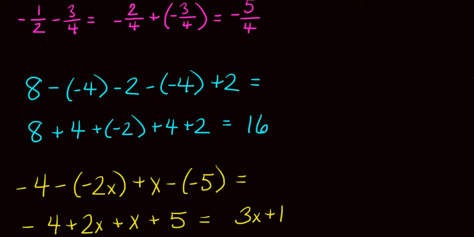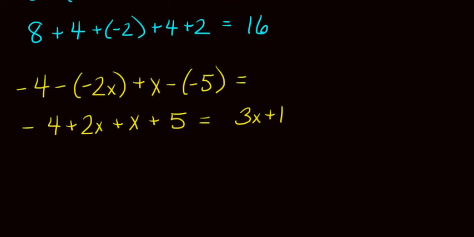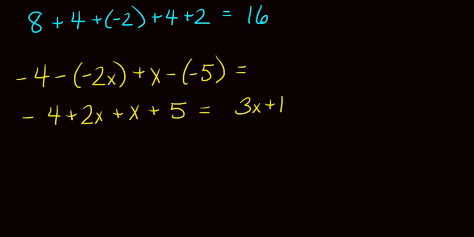We'll also encounter some in our practice that have variables in them. And don't let the variables scare you. These X's or whatever letter it is, we're going to treat them the same. So if your problem says negative 4, take away negative 2x, plus x, take away negative 5, we're going to do it in terms of adding the opposite.